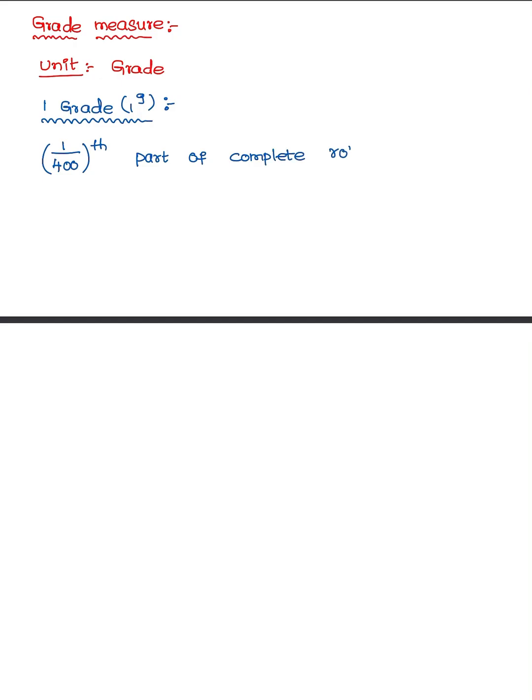So in a complete rotation, the angle in the grade system is 400 grades.